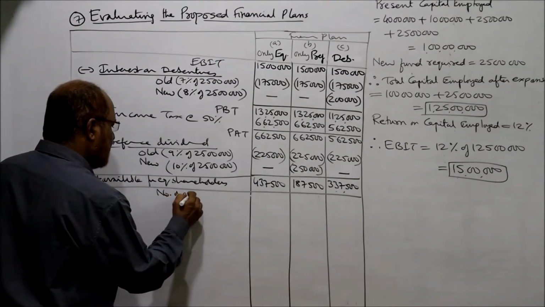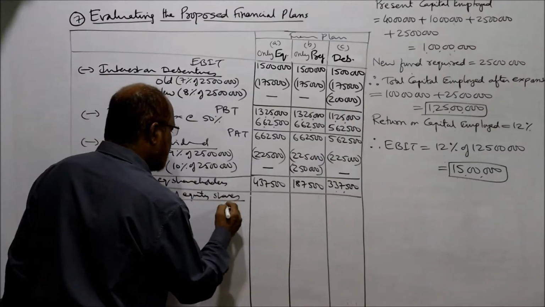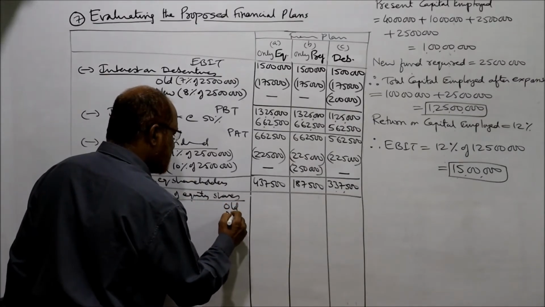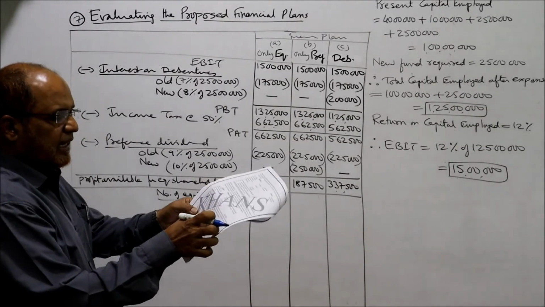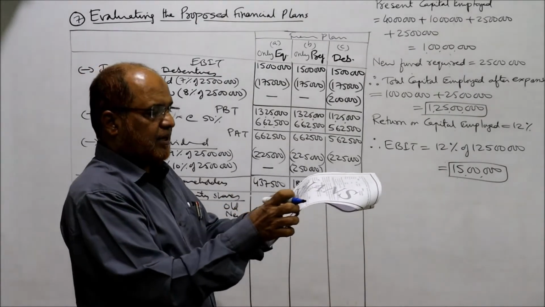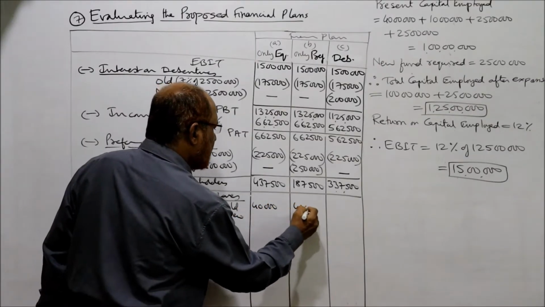Number of equity shares. We will take the old as well as new. The existing number of equity shares is 40 lakh divided by 100, which comes to 40,000, in all three columns.